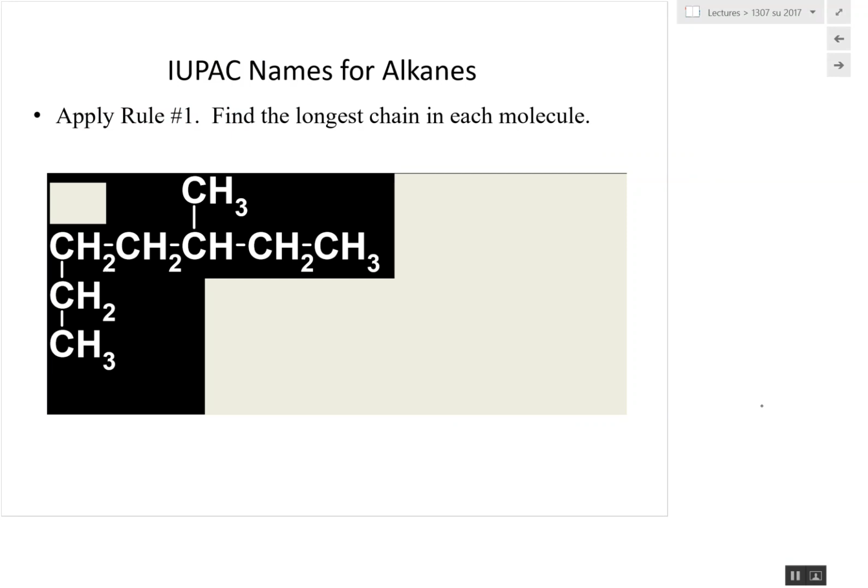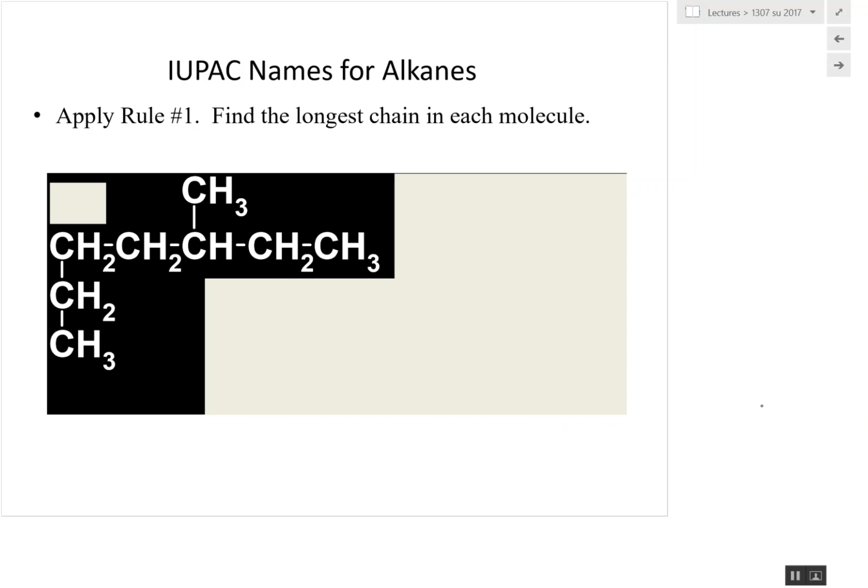How many carbons are in the longest chain? 5? How about 7? It doesn't have to be a straight chain. This is not a substituent. What's a continuous chain? I can put my finger down and go through the chain without lifting my finger.